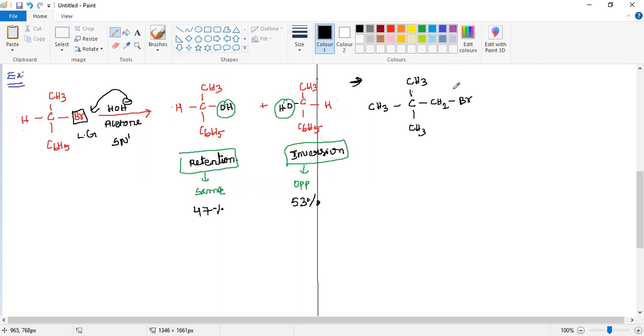When does the carbocation form? Whenever the bromine is broken off here at CH2, this becomes a carbocation. So what type of carbocation is it?